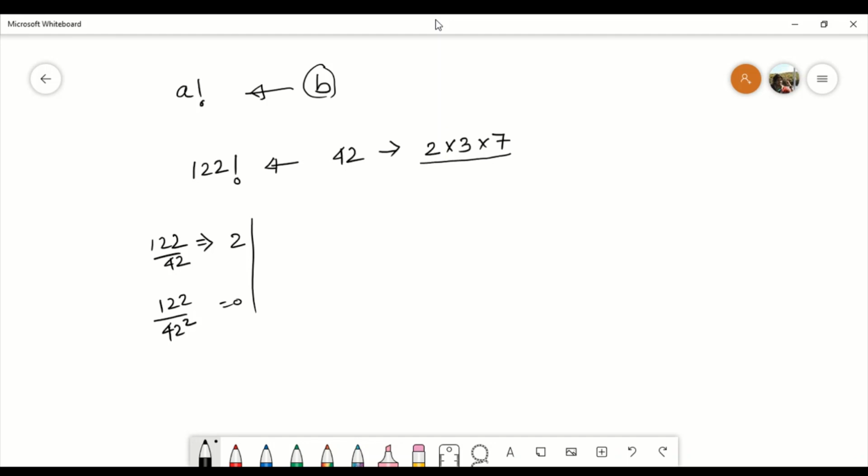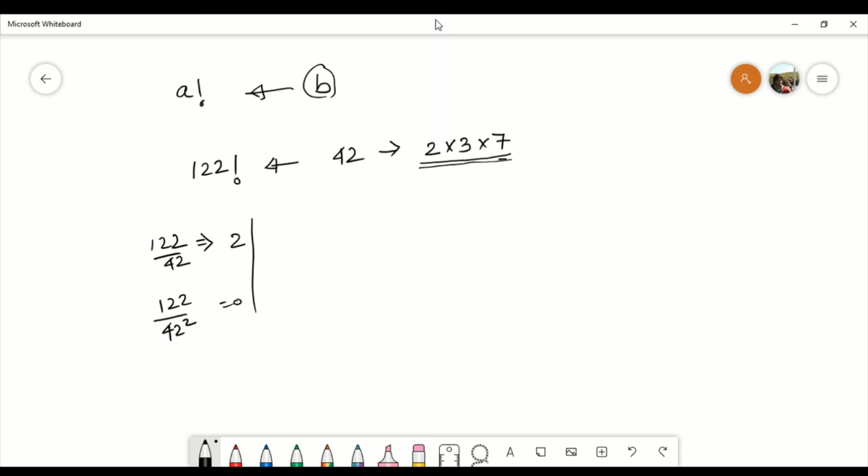The minimum power will be that of 7 among these. We need the minimum because, like 10 where we had 2 into 5, here we are looking for a combination of three numbers, in this case 42. So we have to find the minimum power that will give us the number of 42's in 122 factorial.